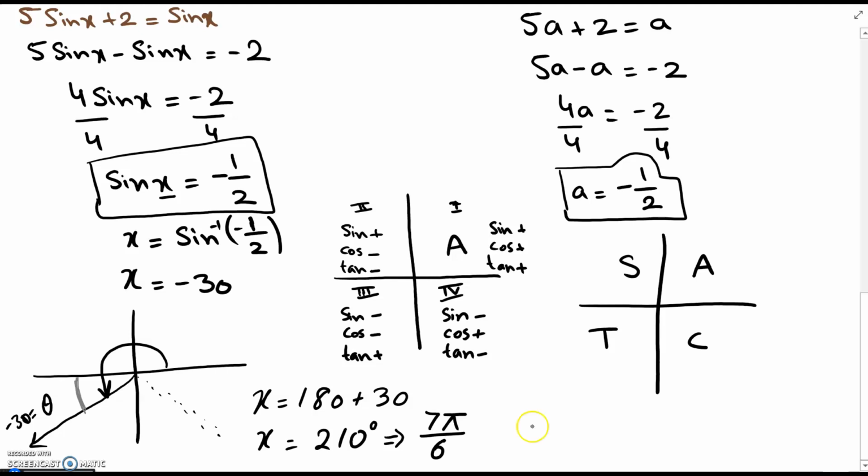330. X equals 330. Now how do I know this value? Let's see again. This is angle 30 right here, and the reflection of this angle is somewhere here. This is the reflection of the angle.